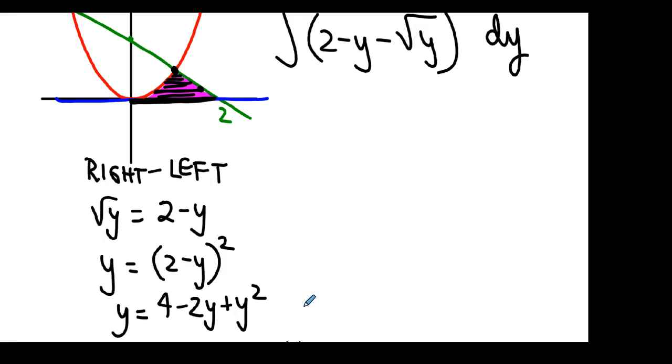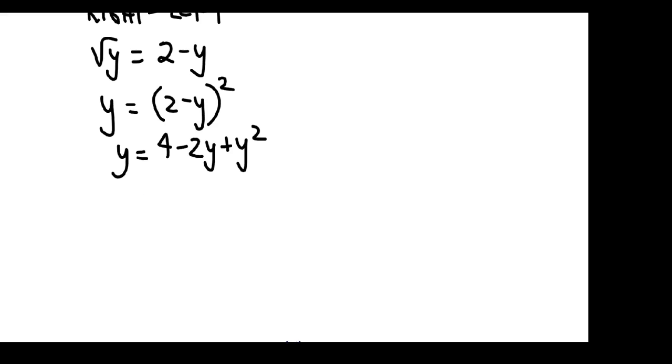You then want to get everything on one side set equal to 0 so that you can factor. So that would be 0 equals, and I'm going to rearrange to get in descending order. Whoops. And then, wait.